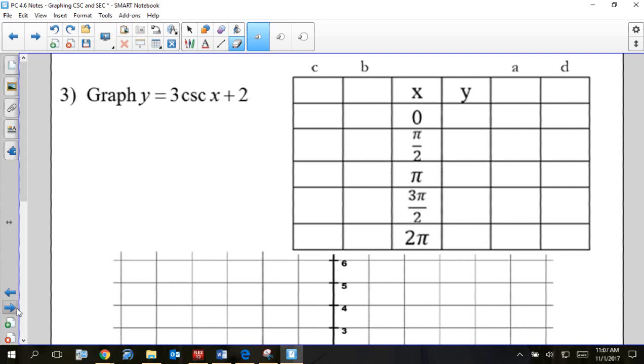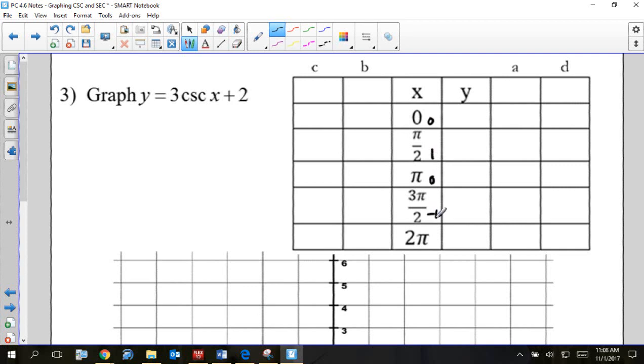Yes? When we're doing one where there's an actual equation, like this one, do we do the reciprocal first? That's what I'm going to do, but it could be either. I'm going to think of sine, because cosecant is the reciprocal of sine. At 0, sine is 0. At pi over 2, sine is 1.